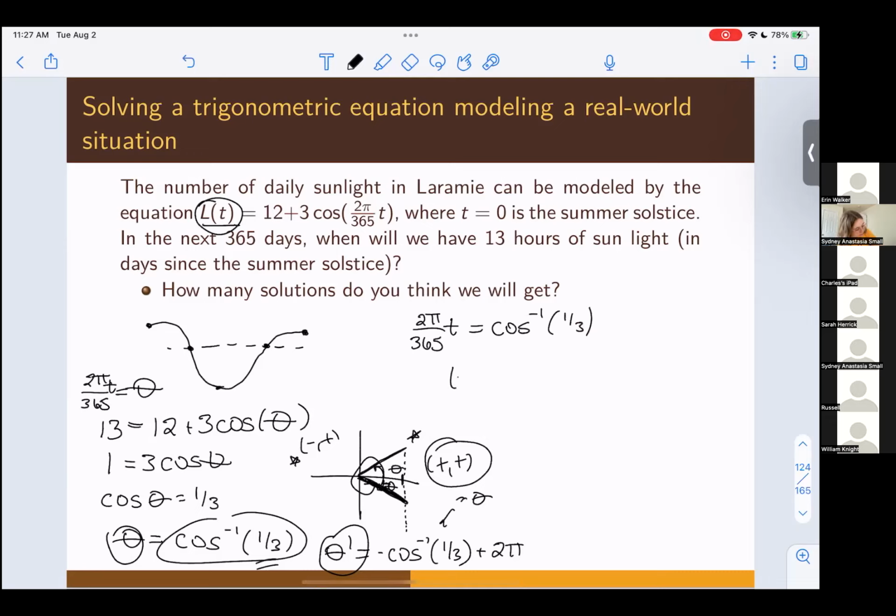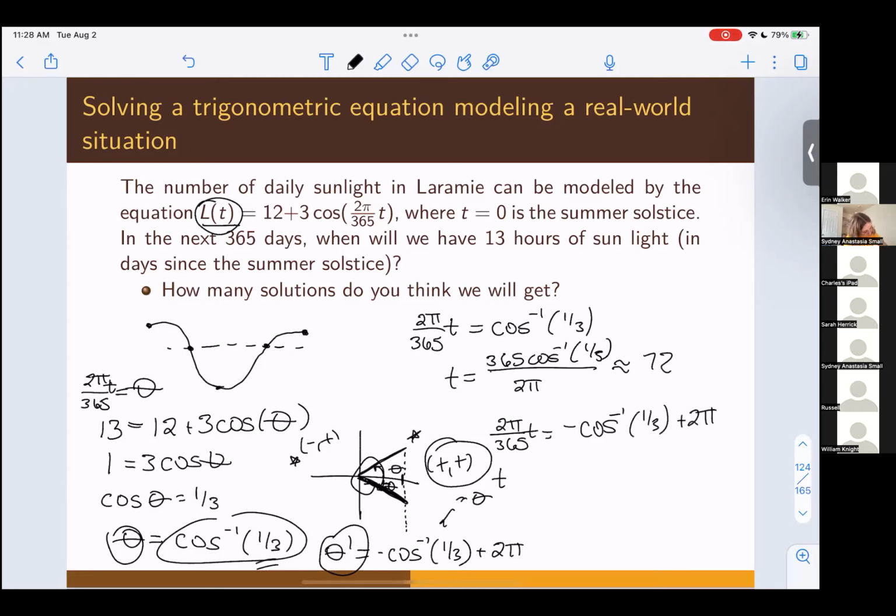Solving for t, this is 365 inverse cosine of 1/3 over 2 pi, which when I plug that into my calculator and round to the nearest day is 72. Similarly, plugging in 2 pi t over 365 for theta prime, I get that 2 pi t over 365 is negative inverse cosine of 1/3 plus 2 pi.